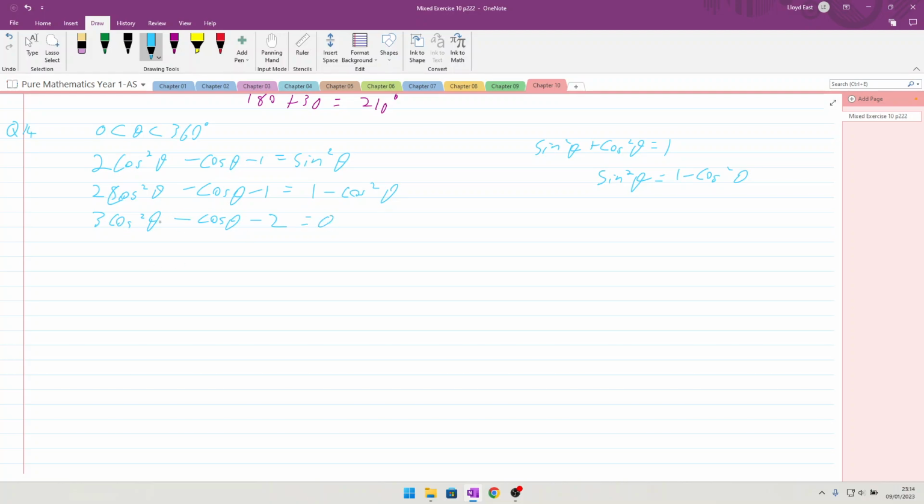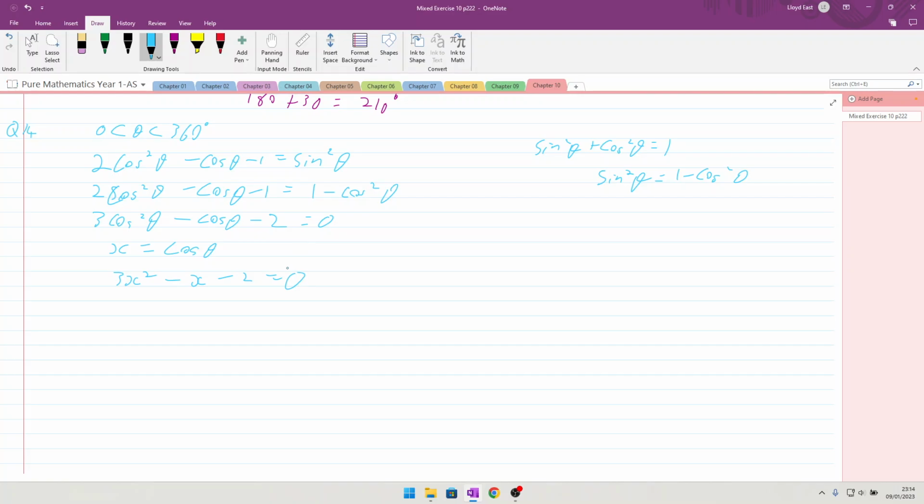That, if you notice, is a quadratic. If we were to say x equals cos theta, we could write it out as 3x squared minus x minus 2 equals 0.